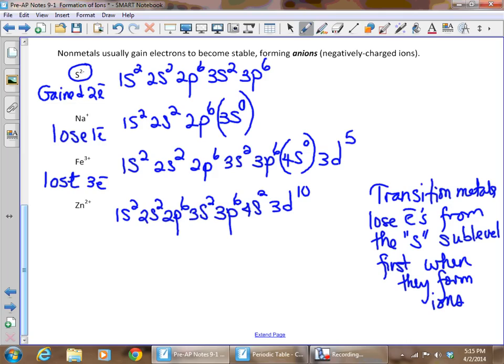But when it forms an ion, since it's 2+, we can see that it has lost 2 electrons. Where are those electrons going to come from? Exactly, from the s first, so we're going to get rid of those. And since it only had 2 electrons to lose, we don't need to take any from the d. So this would be the electron configuration for the zinc ion.